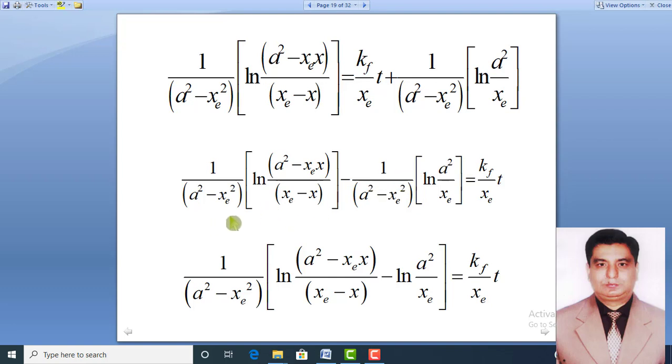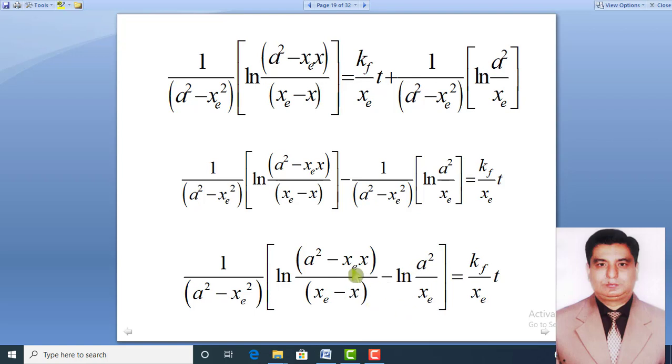Again applying the rules of logarithm, this can be written as 1 over a² − x_e² into log natural of (a² − x_e x) divided by (x_e − x) minus log natural of a² over x_e.